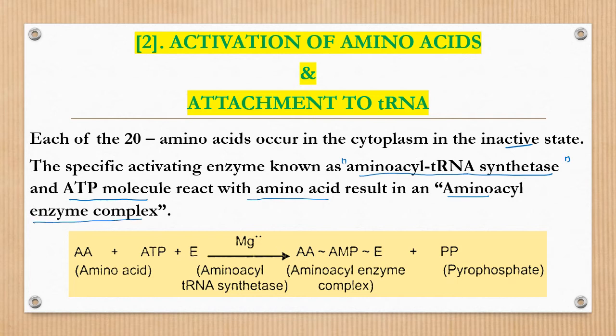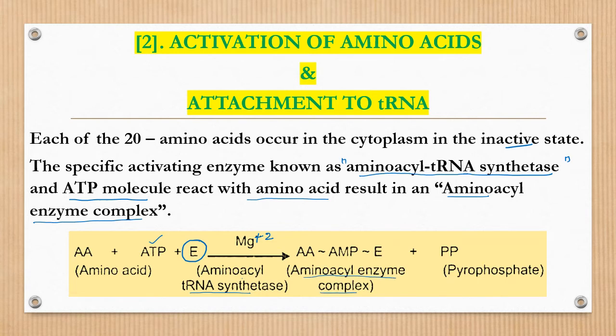So the first step is the amino acid reacts with, or is activated by, an enzyme. In this equation, E is the enzyme, that is amino acyl tRNA synthetase enzyme, along with the ATP energy molecule in the presence of magnesium ion, to form the amino acyl enzyme complex.